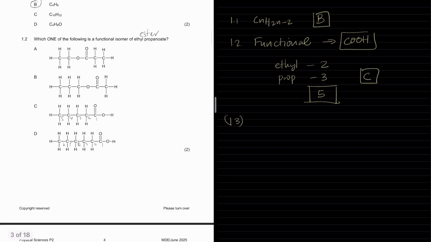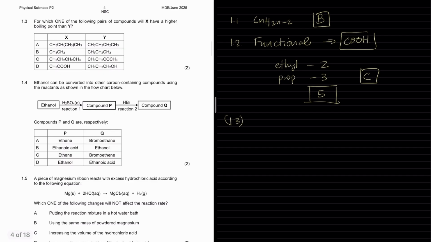Now moving on to question 1.3. For which one of the following pairs of compounds will X have a higher boiling point than Y? So we're going to go through the options A, B, C, and D. If you're comparing A, you have CH3CH, then a bracket. The bracket tells me that it's a branch, and Y has no branch.